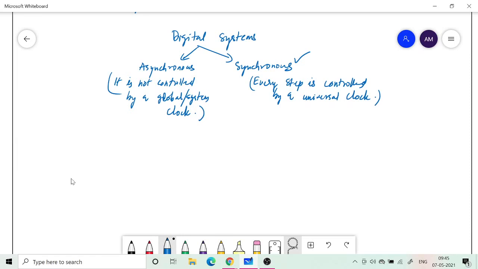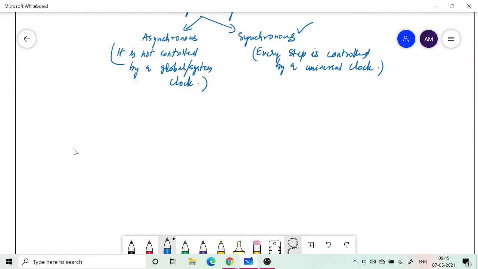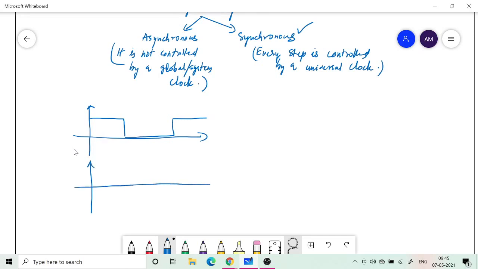So let me talk about various delays in the system. If you consider a flip-flop or any gate itself, we have seen these delays in digital circuits. Suppose there is an input which varies like this, and the output of a block in response to this input.